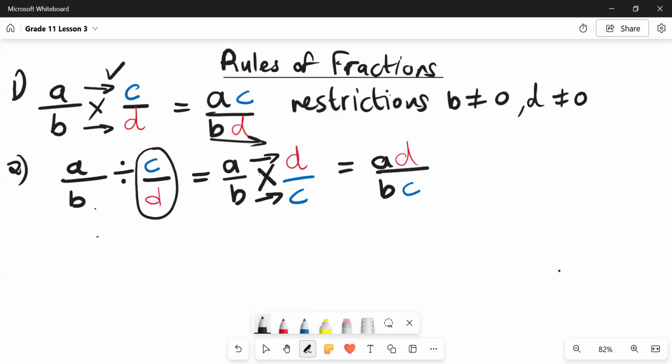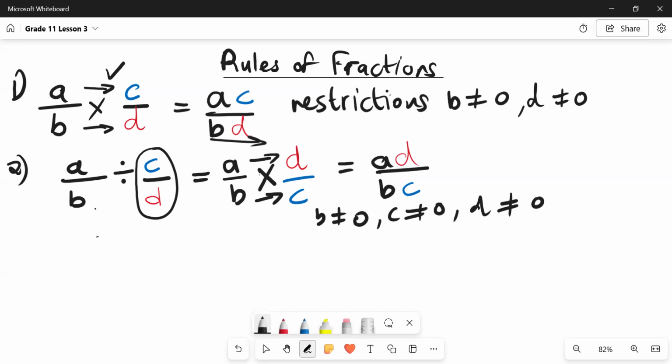So our restrictions there: B shouldn't be equal to 0, C shouldn't be equal to 0, as well as D shouldn't be equal to 0, right? So basically here we're saying when dividing fractions, invert whatever is after the divide sign and change the operation from division to multiplication. Basically, they're saying you flip, right?